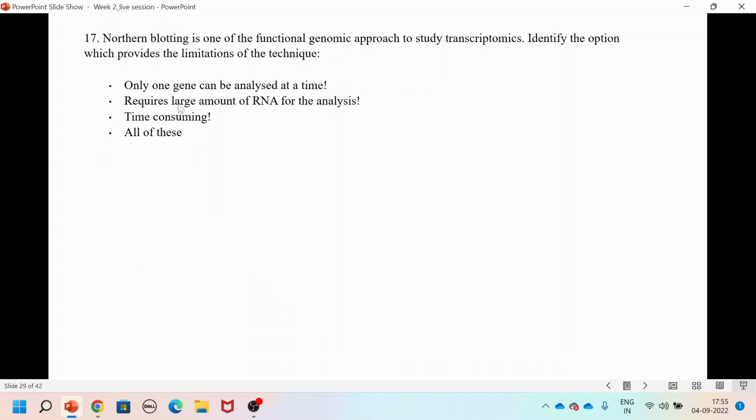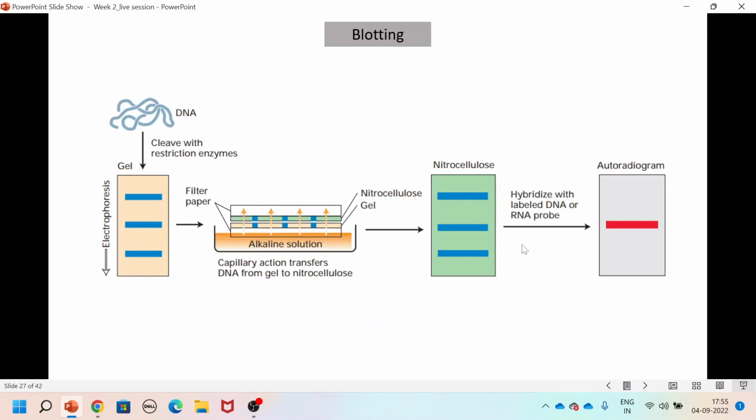As we see, here we can hybridize it with a labeled DNA or RNA probe, but this labeled probe will be against one specific gene or one specific mRNA.